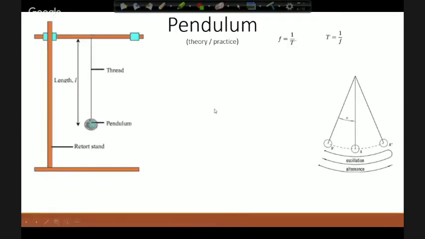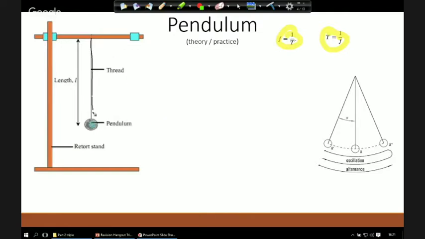Okay, so a very short little bit on pendulums. There's not a great deal that we need to know about pendulums, and most of it lies in this equation here, but a little bit of the science behind pendulums. A pendulum describes anything that's going to swing backwards and forwards, and the longer the piece of string, the longer the time period for one oscillation. And that kind of makes sense.